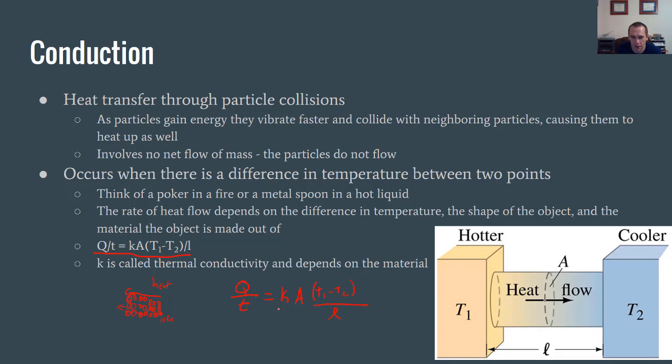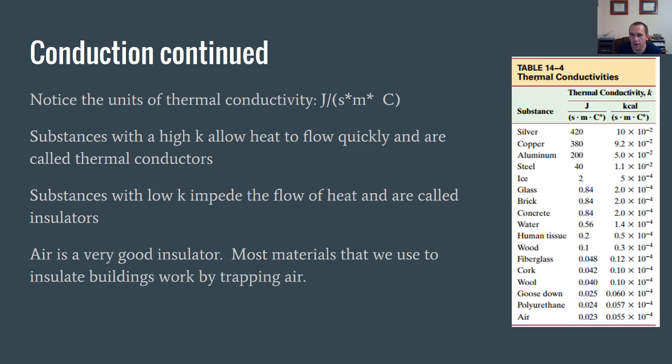So this k depends on the substance. There's a whole table of thermal conductivities in your book. Here it is in the notes as well. And you can see silver's got a very high thermal conductivity constant, whereas air has a very low thermal conductivity constant. These things down here tend to be considered insulators.